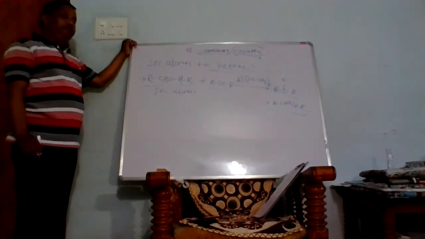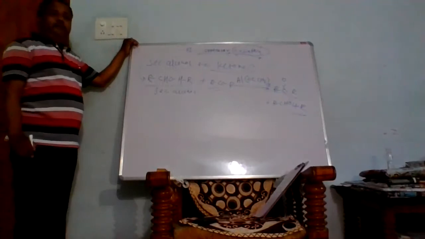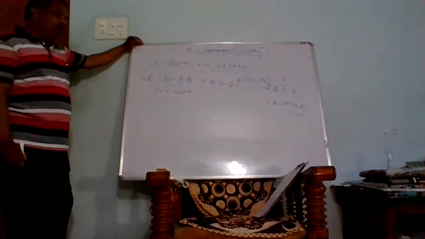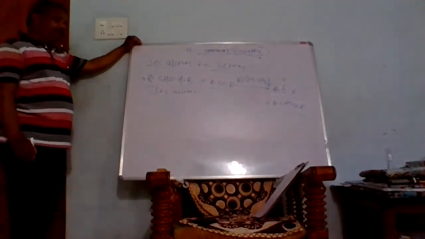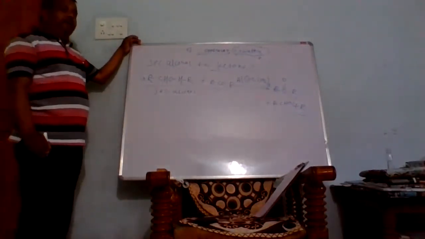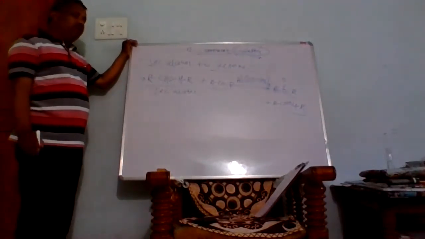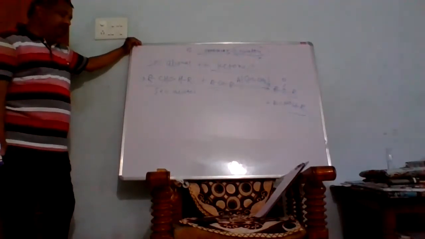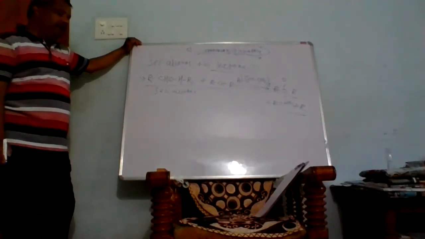Suppose we take a simple example: when isopropyl alcohol is oxidized with acetone in the presence of aluminum tertiary butoxide, a good oxidizing agent, the alcohol is converted to ketone. This reaction is the reverse of MPV reduction.